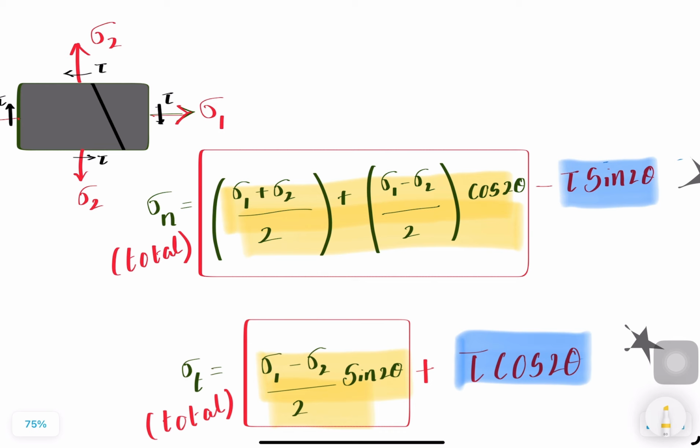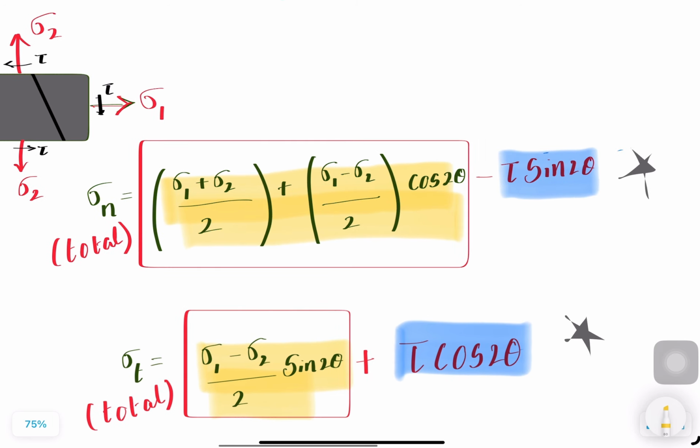So using this particular expression, you can just shift the values of theta, and for any plane you can find the normal stress and the tangential stress acting on it. Not the maximum, but the normal stress and the tangential stress that is acting on any plane just by using this expression.